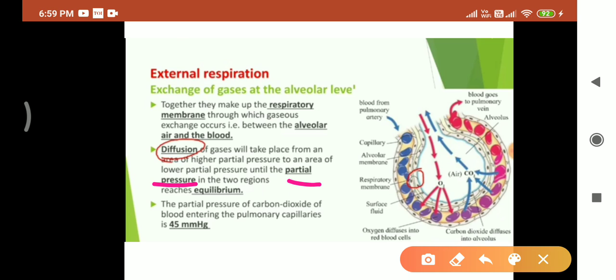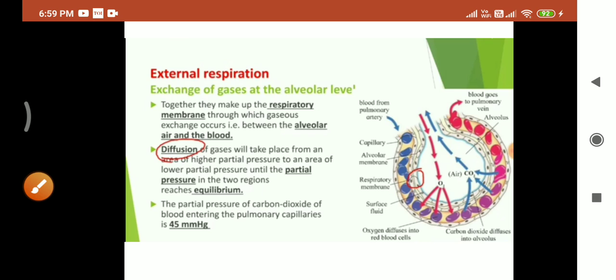The first region is the alveolar region and the second region is the capillaries region. Both regions have different concentrations of gases. These gas differences are what we call partial pressure. So the partial pressure of these two regions is different.